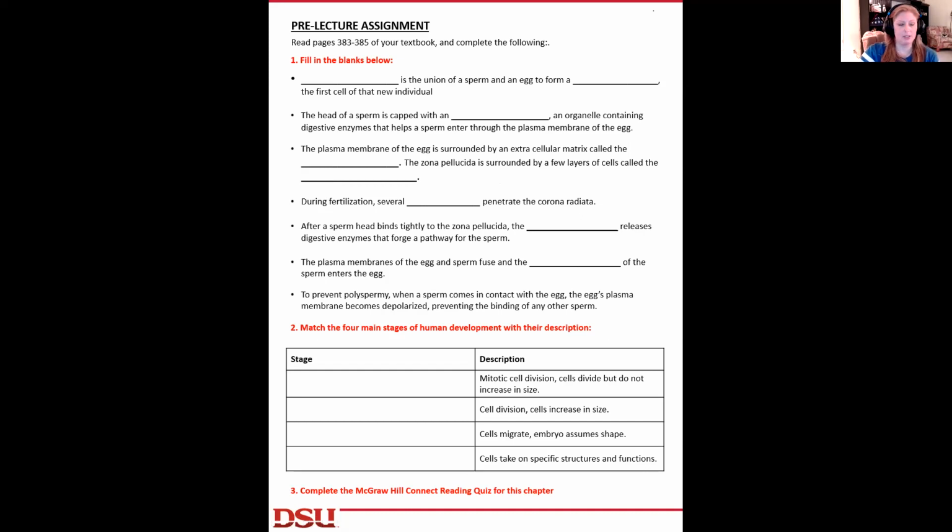All right, so let's go ahead and do the pre-lecture assignment real quick. I will fill in these blanks. The first thing we have is fertilization.